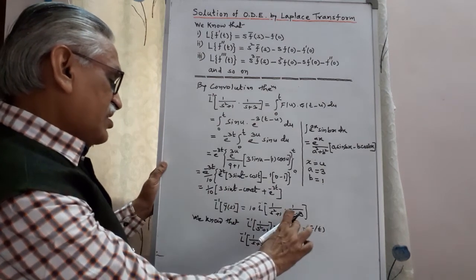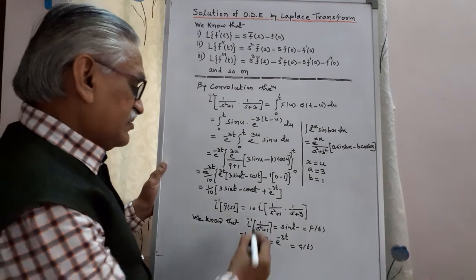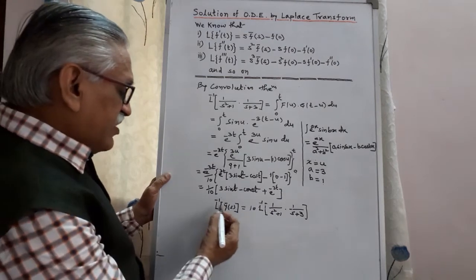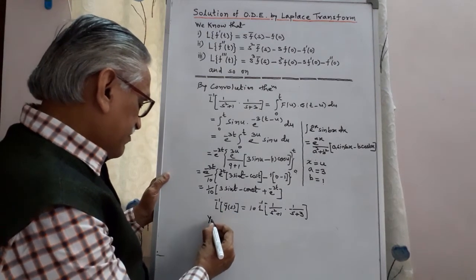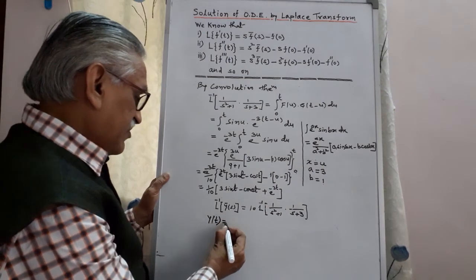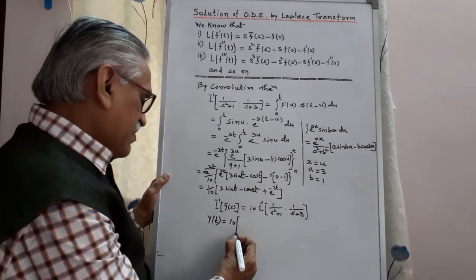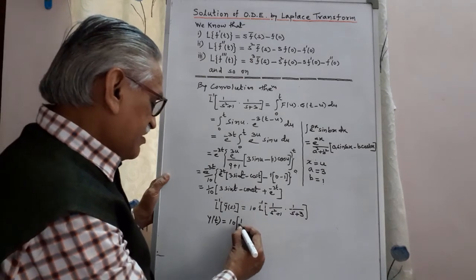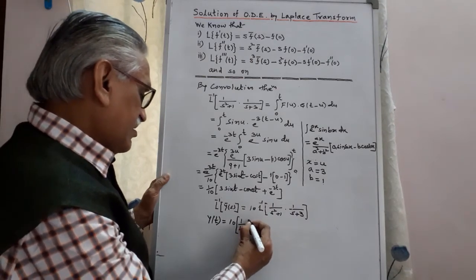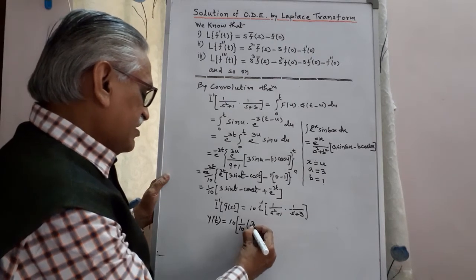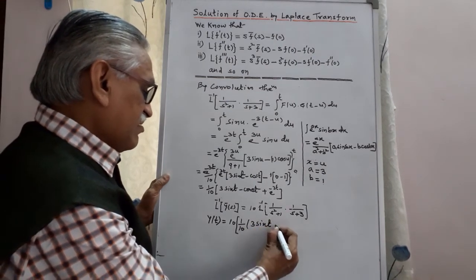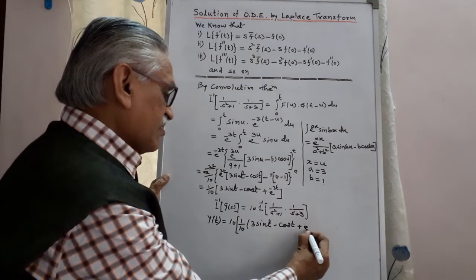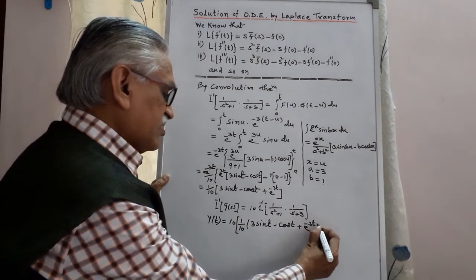Substituting that value in this step, L inverse of y bar of s is y of t, which is 10 multiplied by the inverse of this, and the inverse of that term is this one, 1 by 10 in bracket 3 sin t minus cos t plus e raised to minus 3t.